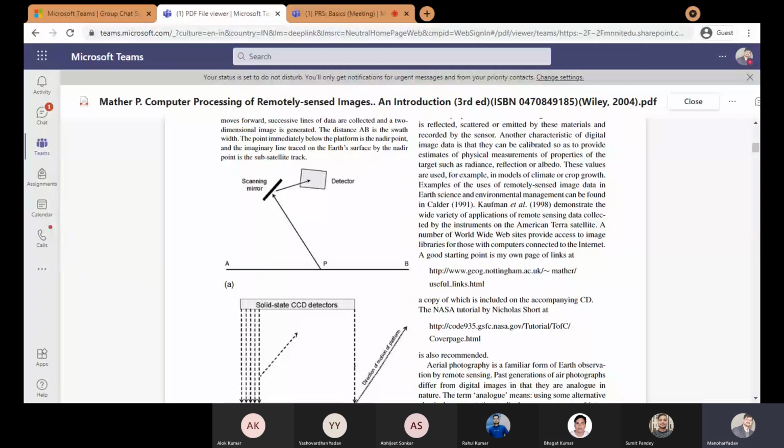But the detector designed in the near infrared band senses energy only within that band. After sensing the energy, the equivalent digital number is generated. Similarly, another detector senses energy within its own band only, and obviously the energy will be different.